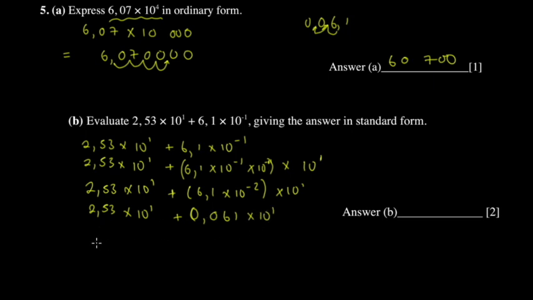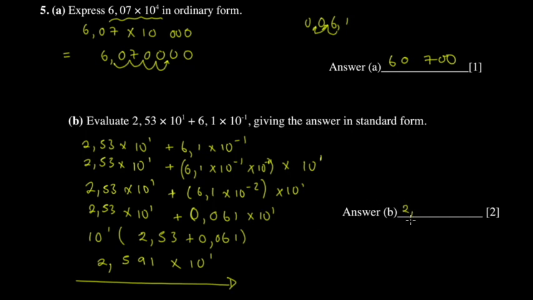So you can figure out what's common, and then you get 2.53 plus 0.061. So you get 2.591 times 10 to the power 1.